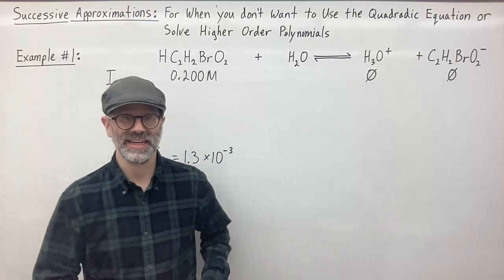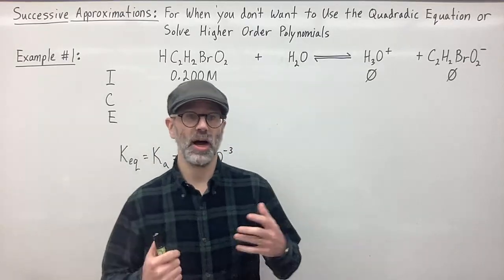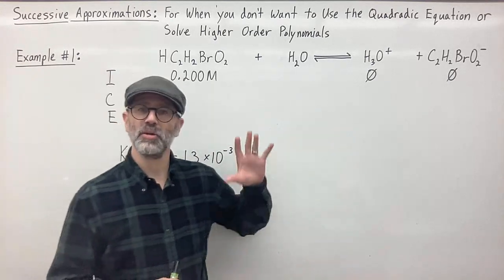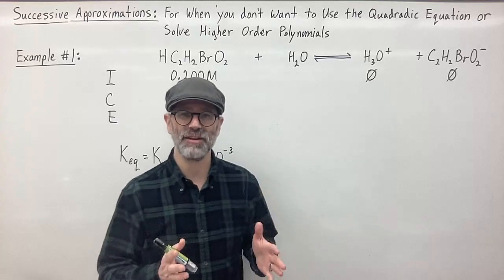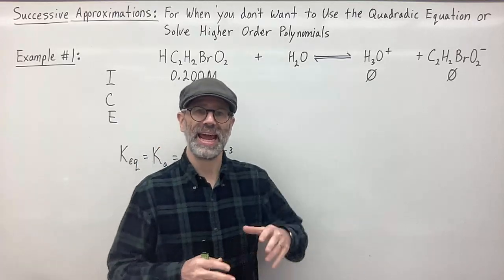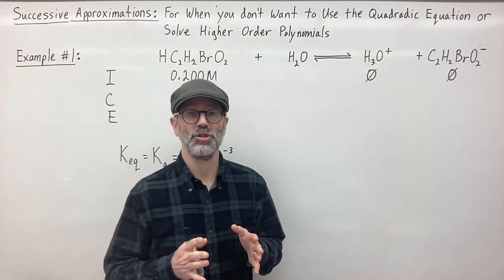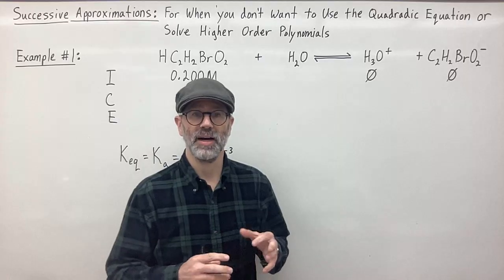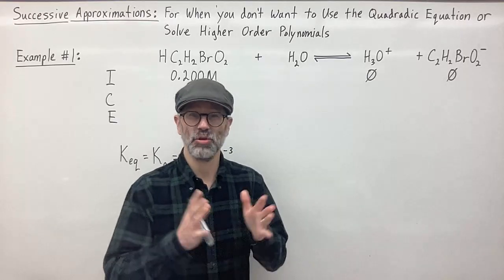So let's get into the example here. So here I have an example. Oh, and by the way, this can be used especially in acid-base reactions when you have your Ka value, right? And if the Ka value is not small enough, in order to have a small amount of your acid dissociate, right?